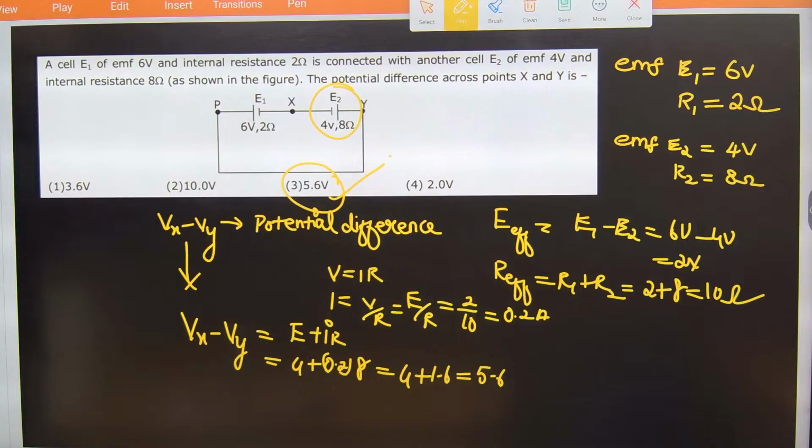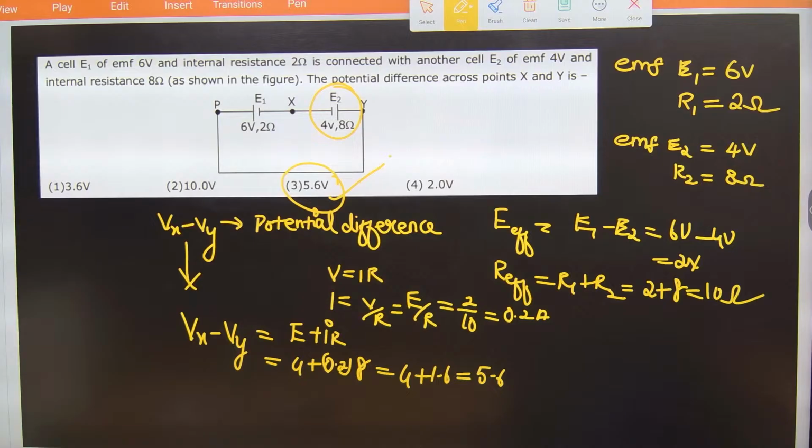Can we go for the next question? Yes, this is physics class. And what is E here?